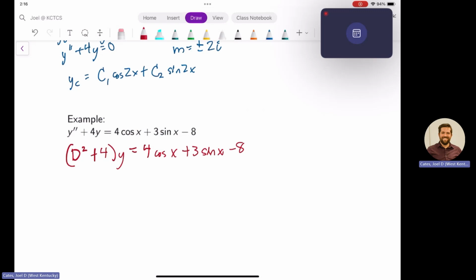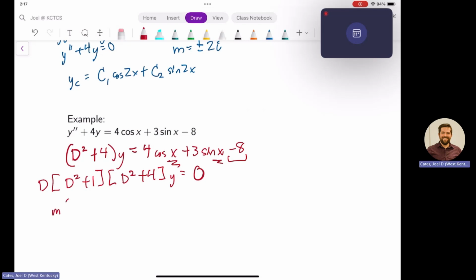What we need is a combination of just one derivative to take care of the constant term, and then I need a D squared plus 1 to take care of, well, it's just x inside of sine and cosine there. And then we have the leftover D squared plus 4 from previously. And now that's annihilated.